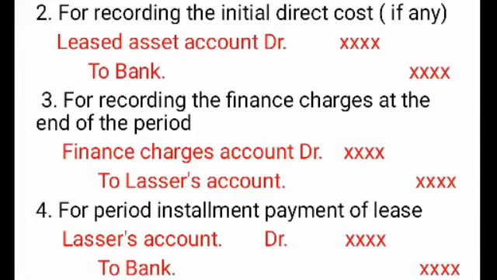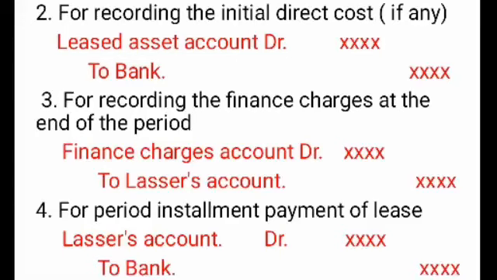The second one, to record the initial direct cost. We already discussed what initial direct cost is. If there is initial direct cost, it should be treated as leased asset account debit to bank. It is a payment for the leased asset, so it is added to the value of the asset.